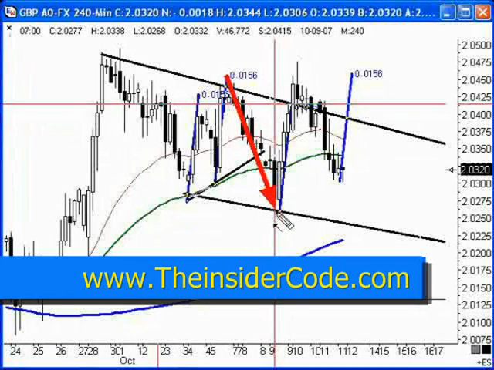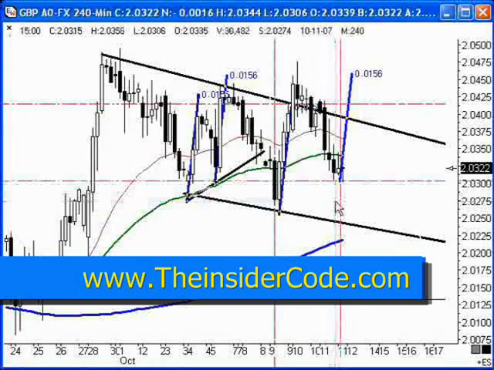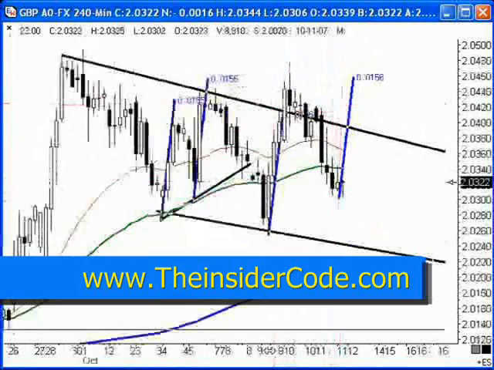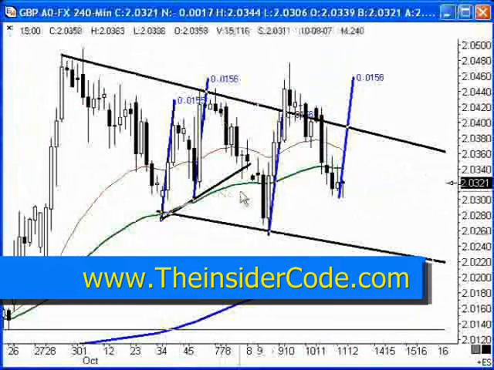But look at what happens. The market comes right back down, and again it's very close to 156. So you can see that the market is starting, at least, to develop some symmetry. The next move, what I would suspect is going to end somewhere in this vicinity here before moving up.